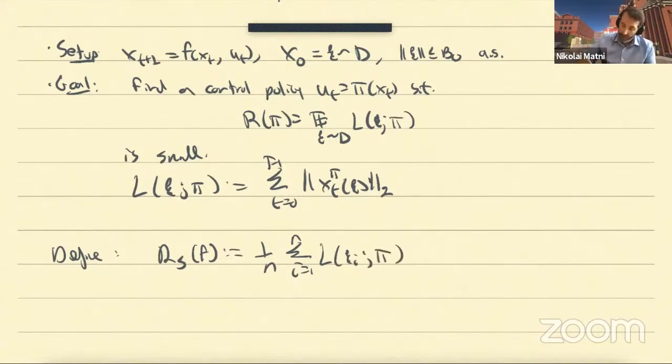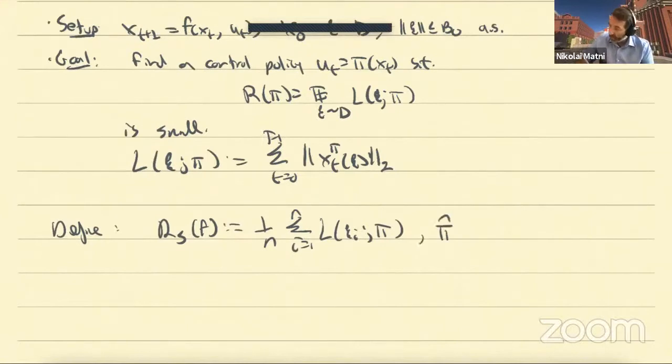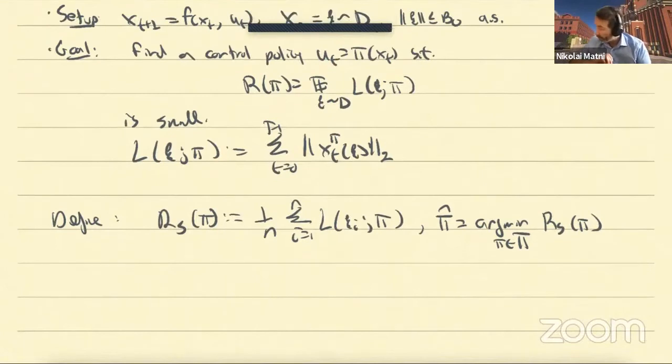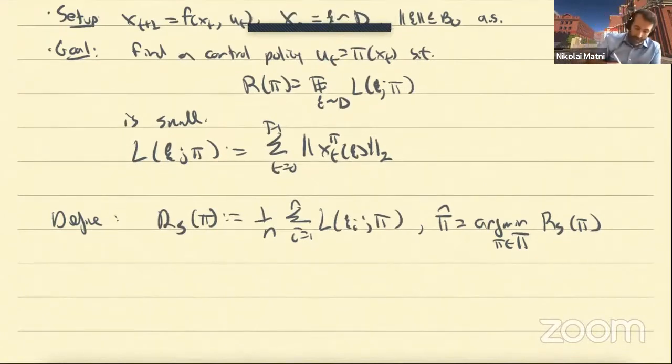And then we'll define pi hat to be equal to the argmin over pi in some policy class of this empirical risk.